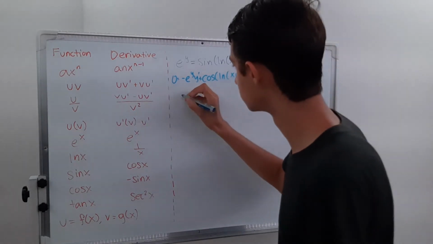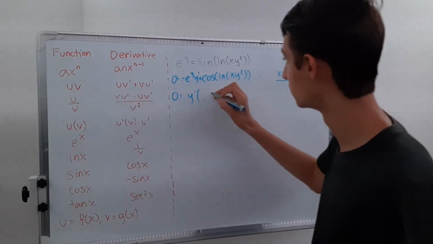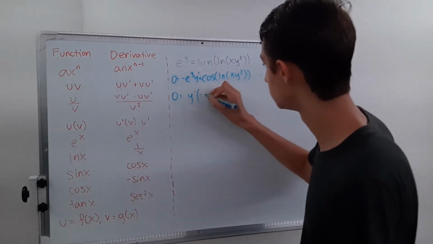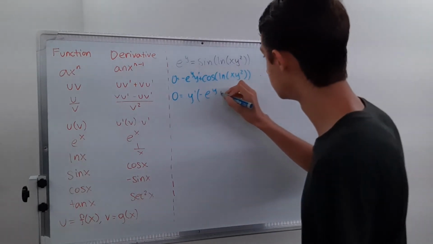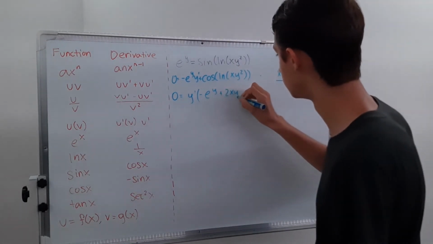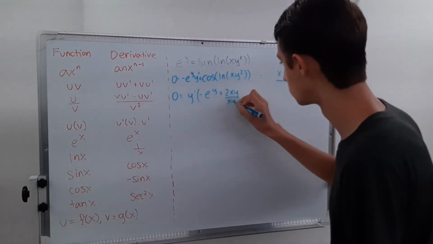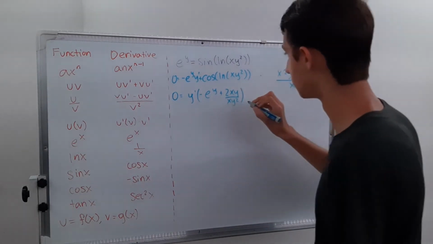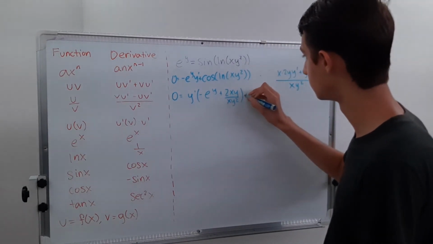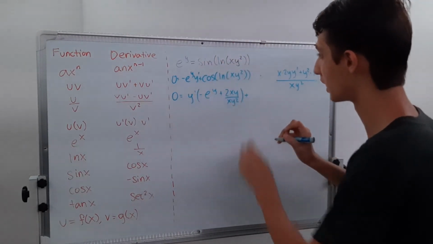So we have this 0 is equal to y prime times, let me just group this, negative e to the y plus 2xy divided by xy squared, since we have to do that entire term, plus, yeah, so those are all our y prime terms.